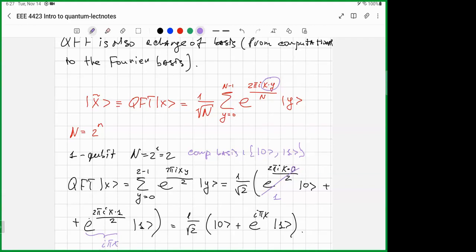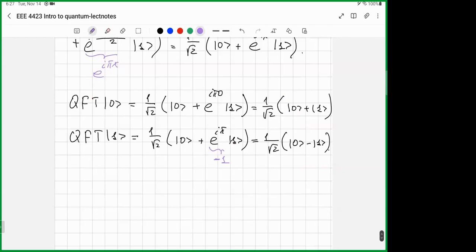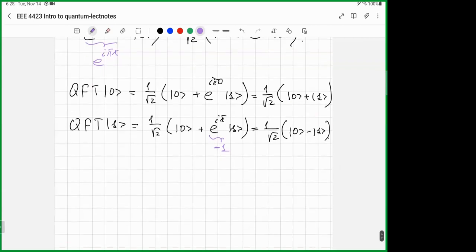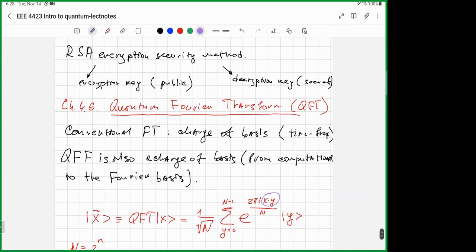In case of a multi-qubit system, this product of xy should be considered as an inner product of two vectors by components. Yeah, so this is pretty much it about the quantum Fourier transform.